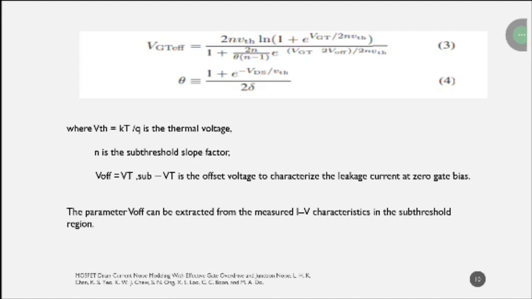V of is equal to the maximum of Vt minus, the offset voltage to characterize leakage current at zero gate bias. At zero gate bias, there will be some leakage current, which was also discussed in the earlier class of BJT, so it is applicable to MOSFET also. So the parameter V of will be extracted using IV characteristics in the subthreshold region.